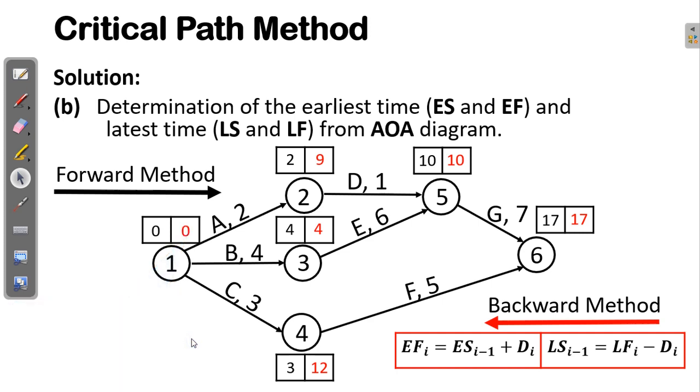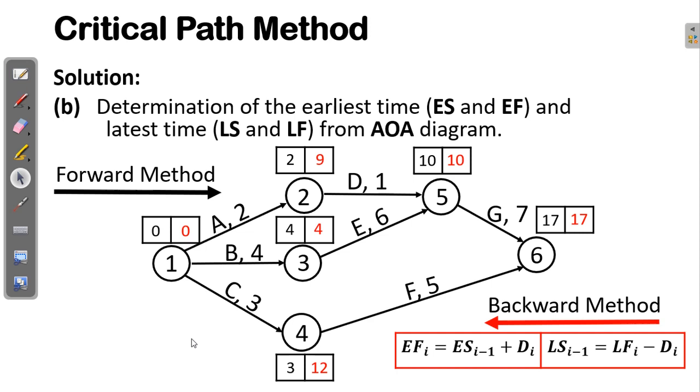So we have managed to compute the earliest time and the late start time for the activities A, B, C, D, E, and F together with G. Now we have to wind up our discussion on this part B because we are also required to compute the floats.